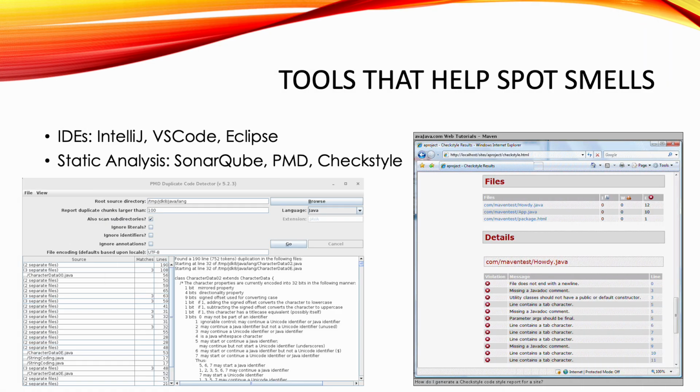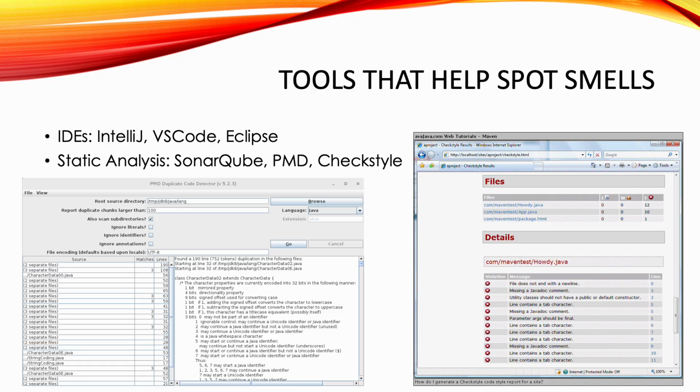Fortunately, we don't have to catch every code smell manually. Modern IDEs like IntelliJ IDEA or Visual Studio Code offer real-time feedback as you are writing your code. You will often see suggestions or warnings right in the editor.